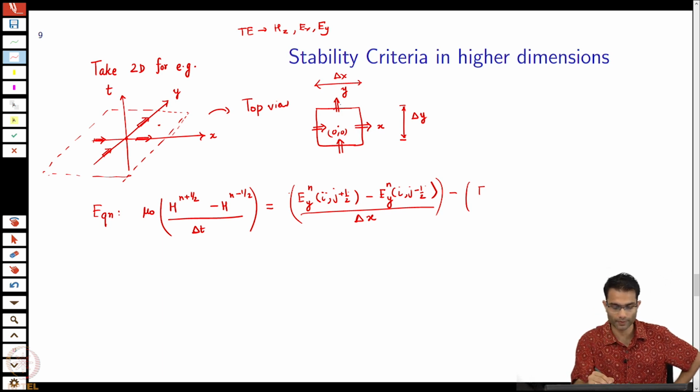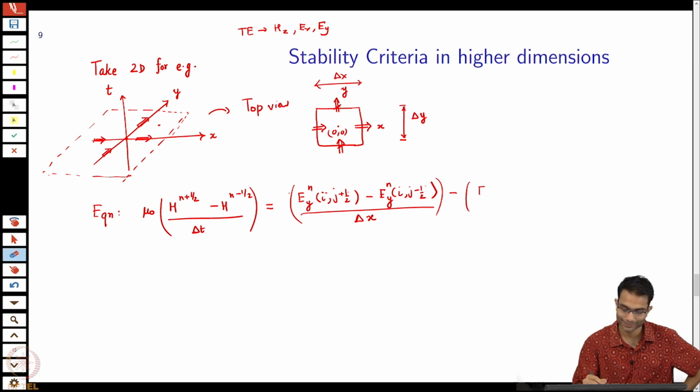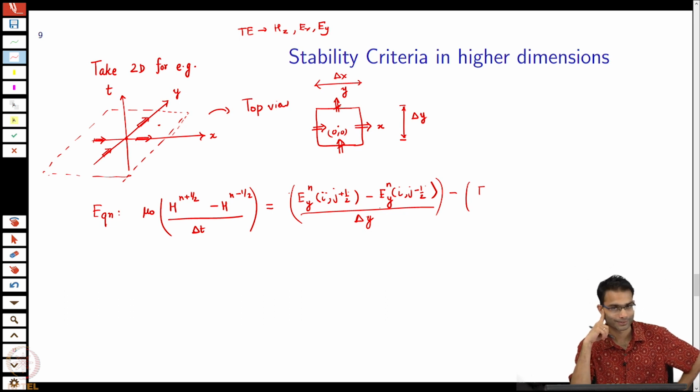So we are taking the difference between this guy and this guy. So the I location is the same. I minus 1. Then this becomes delta y. This is right? Right.